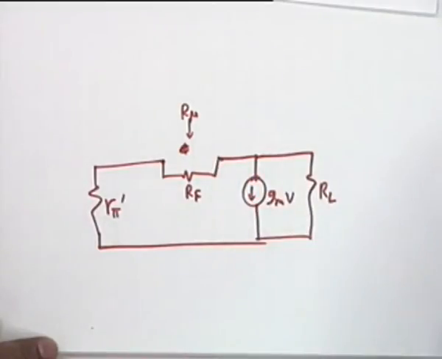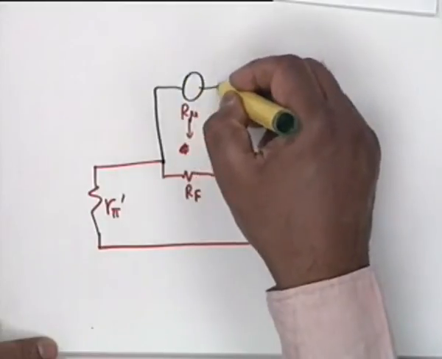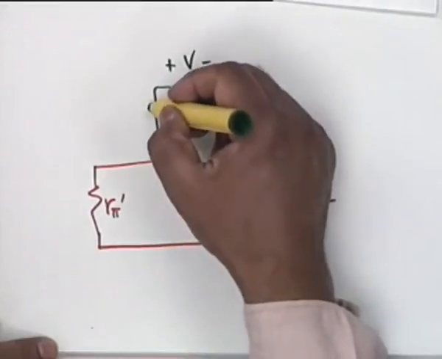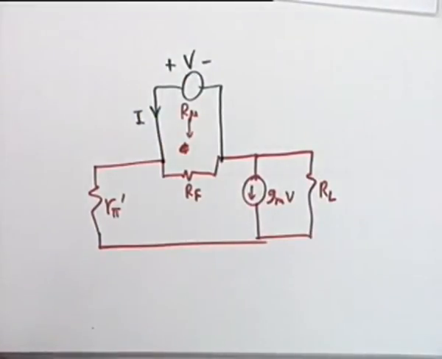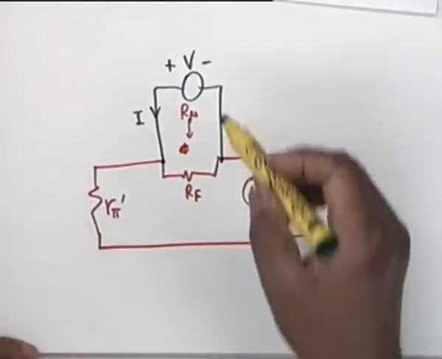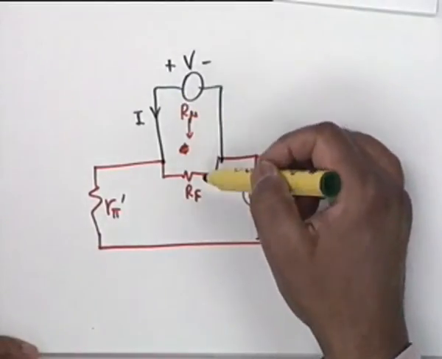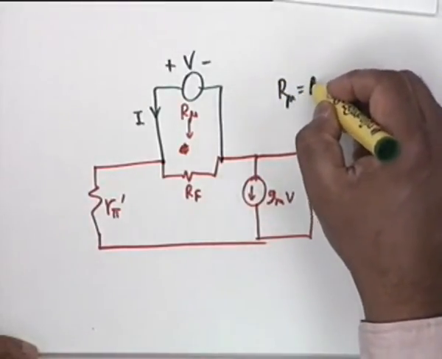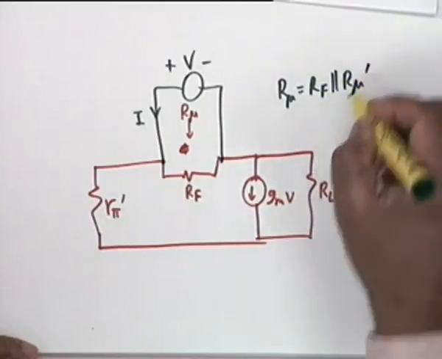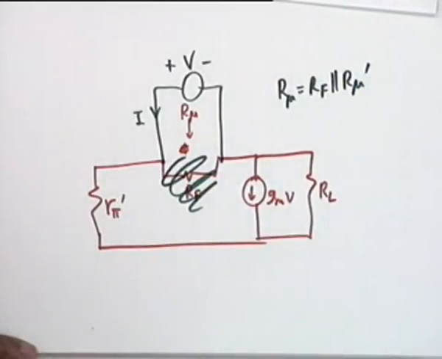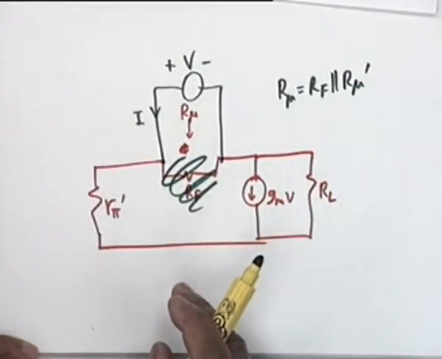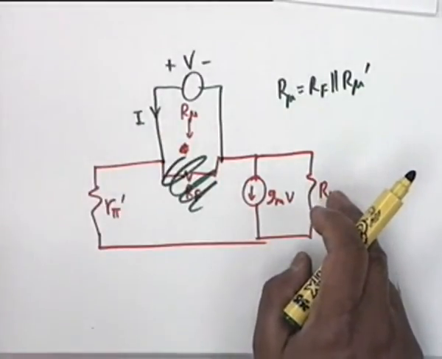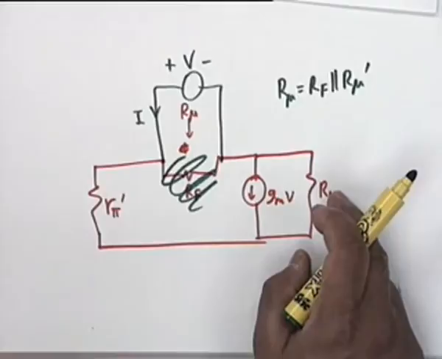What you have to do is to connect a source here, V, let's say this is the polarity, and calculate the current I. Another simplification, you notice that the source V is in parallel with RF. So R mu would be RF parallel R mu prime, and you take off RF. The circuit becomes now much simpler, and you can replace this by the Thevenin equivalent. Then it becomes a single loop, and you can calculate the whole thing mentally.